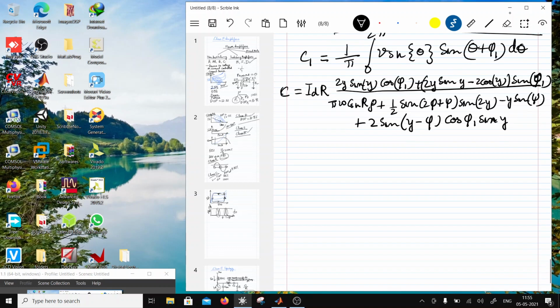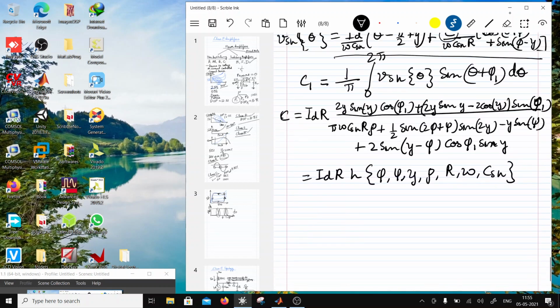Okay, so I can write this as Id times R of h, and this h is a function of phi, xi, y, rho, r, omega, and CSH. Right.